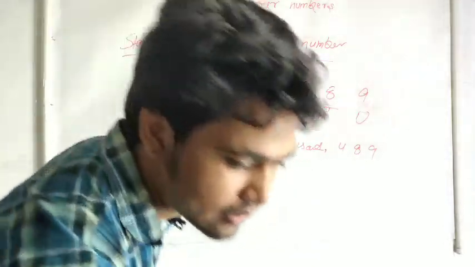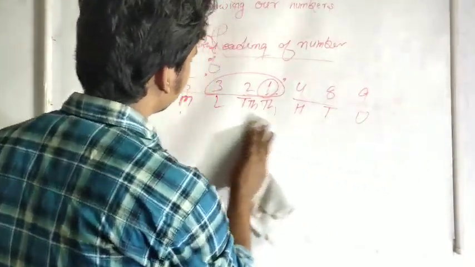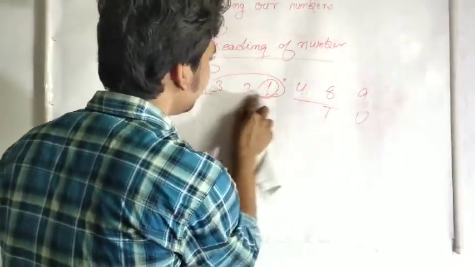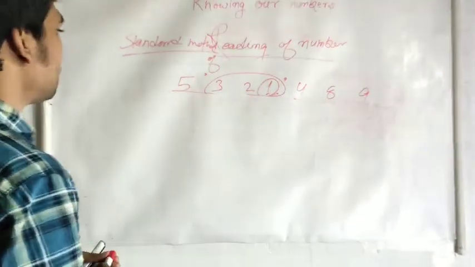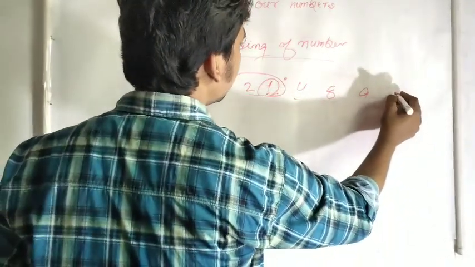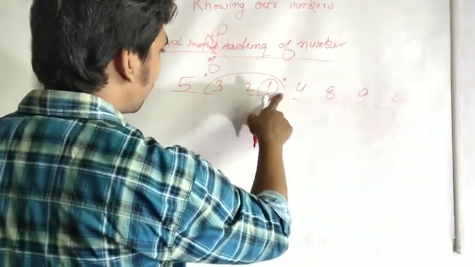If I take another example, so here is the number. I increase one digit more. For example, here I increase 2. So then how do we count?